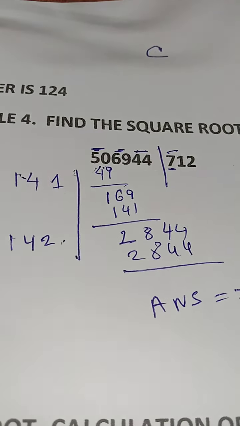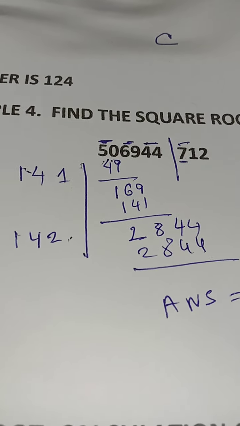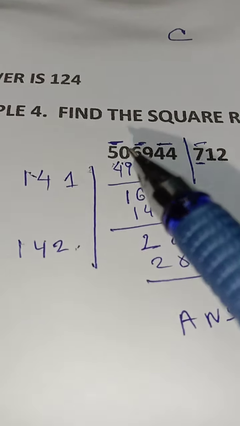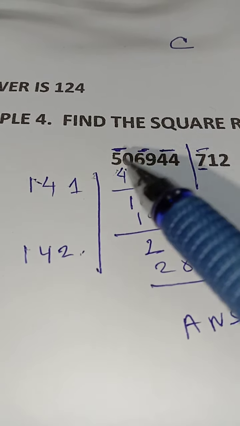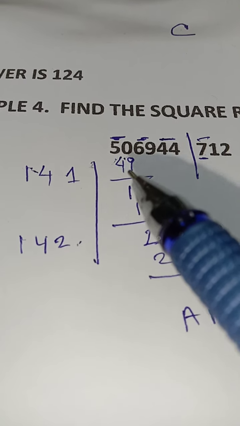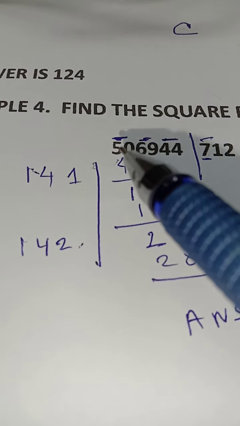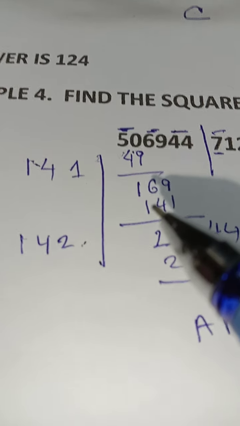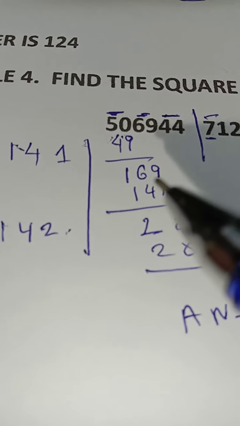Let us take a 6-digit number, 506944. You know that 7 squared is the closest one to 50, that is 49. So 50 minus 49 is 1, the remainder is 1, and we then put 69 here.